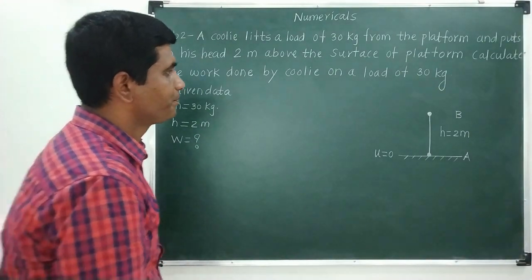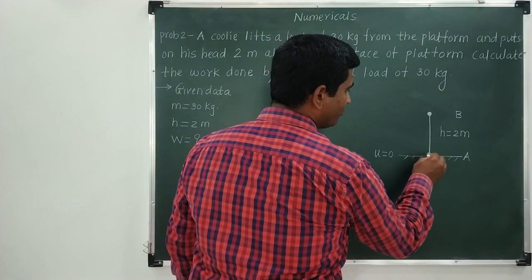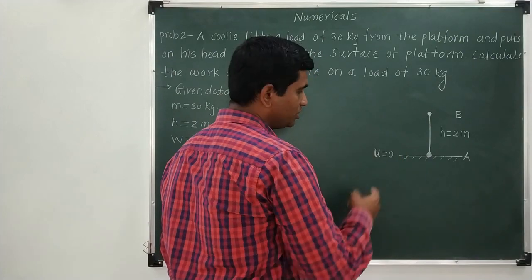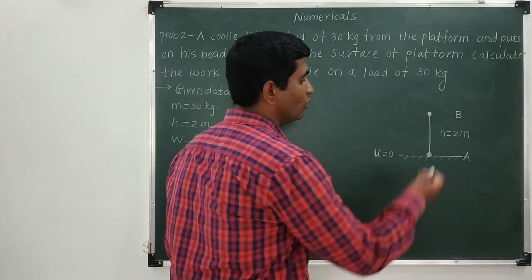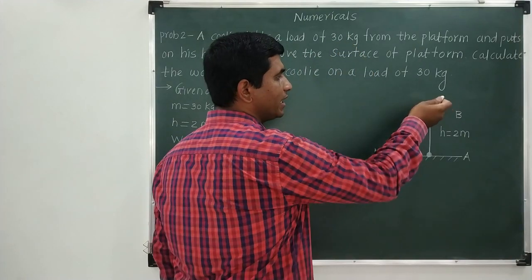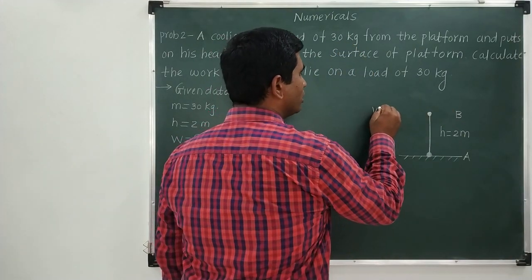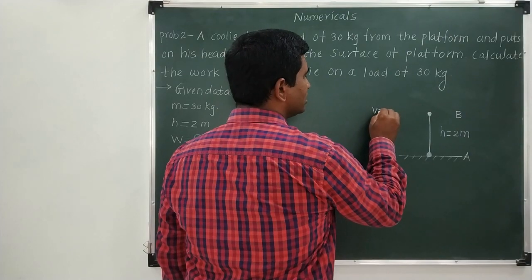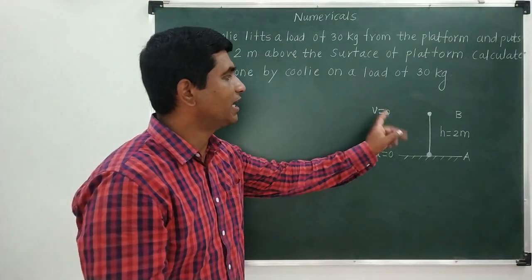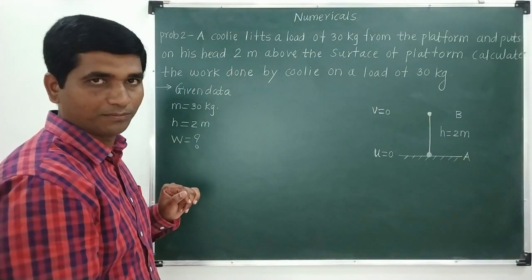As the load is lifted from the ground surface, initially it was at rest, so initial velocity is equal to 0. When the load is on the head of the coolie, at that point also, as the coolie is stationary, the velocity of the load is 0. So initial velocity and final velocity both are 0.